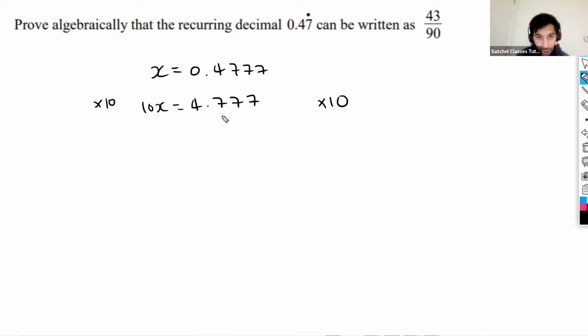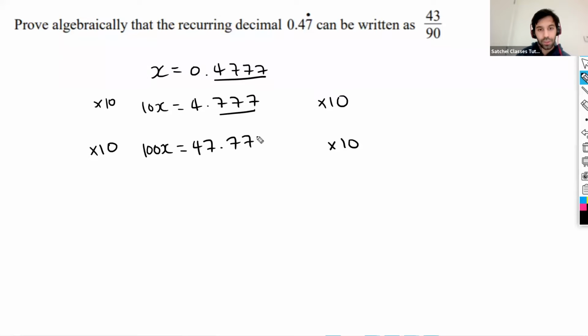Again, notice we don't have the same number of digits after the decimal, so I can't subtract the two equations from one another. I will have to multiply by 10 again. 10x times 10 is equal to 100x, and 4.77 recurring times 10 is going to be 47.777.